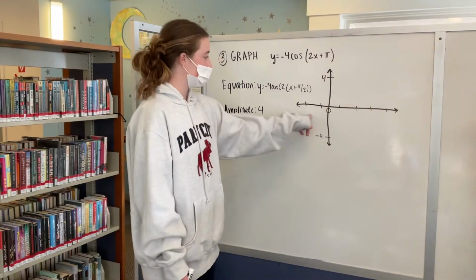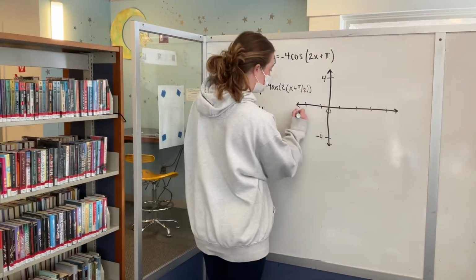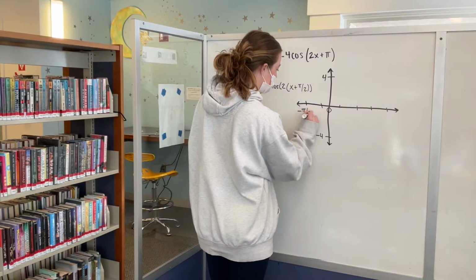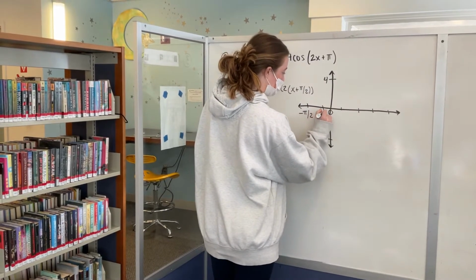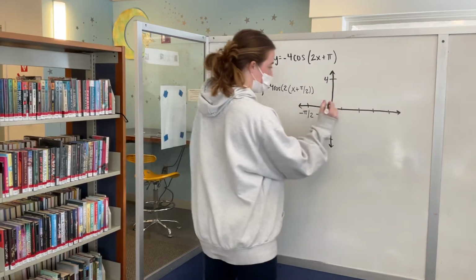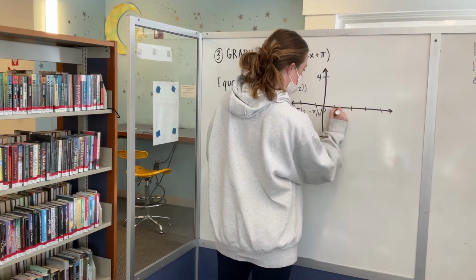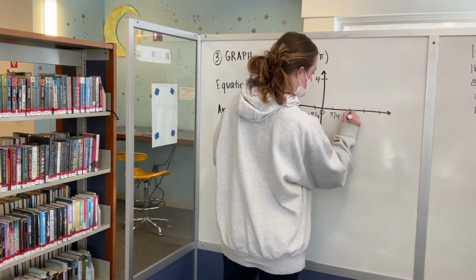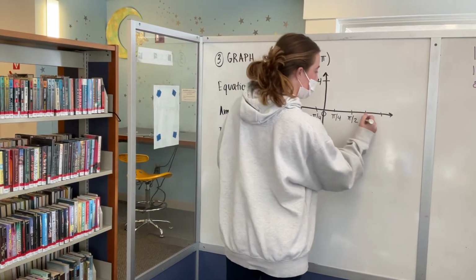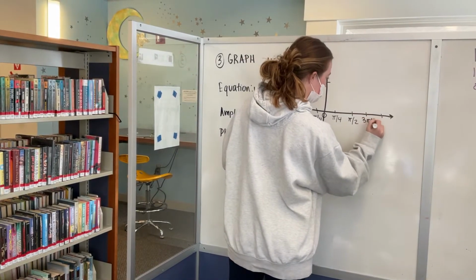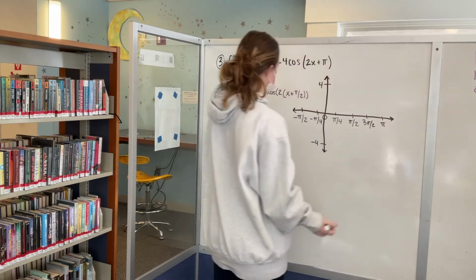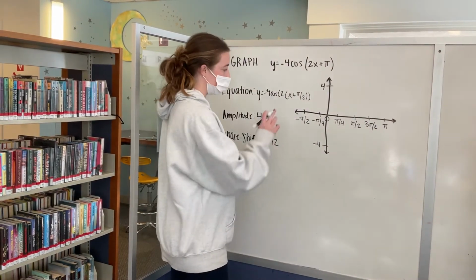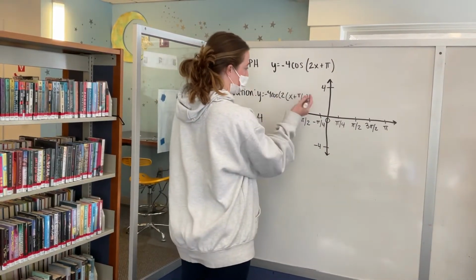Okay, so to start here, I'm going to be starting with negative pi over 2, and then negative pi over 4. And then for the positive side, it's going to start with pi over 4, then pi over 2, and I'm going to add a couple more, so that would be 3 pi over 2, and then pi. And because it is a cosine graph, we're going to be starting at the maximum here.